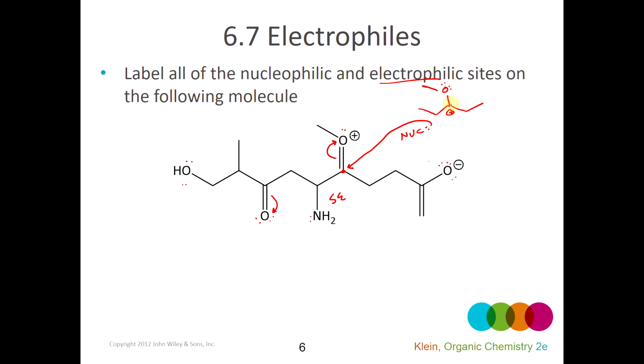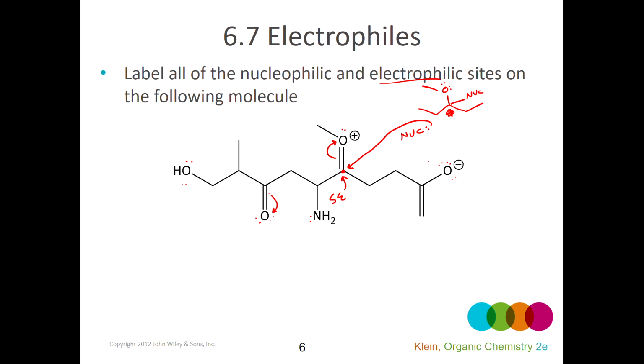So a 4th bond can occur to that carbon, alleviating the positive charge there and alleviating the positive charge on the oxygen at the same time. So that's a nice strong nucleophilic site here. I'm sorry, electrophilic site there.